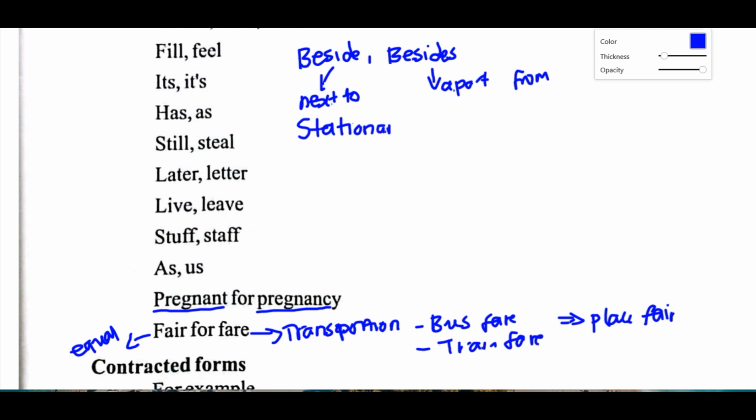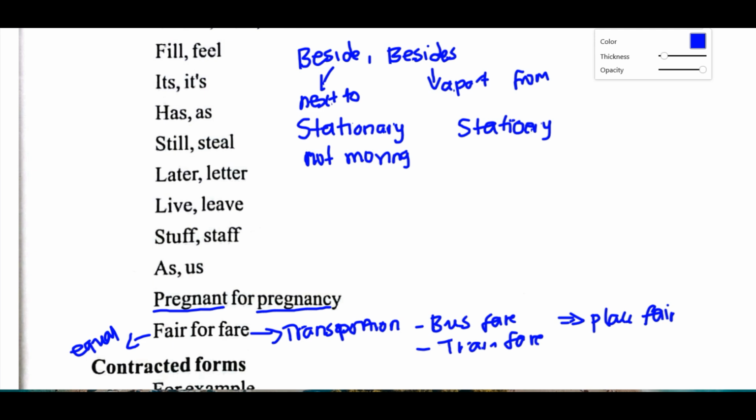Then we also have this one, "stationary" with A-R, and also "stationery" with E-R. For me to remember these words, one simply means not moving, something that is not moving. Like we can say the car is stationary.